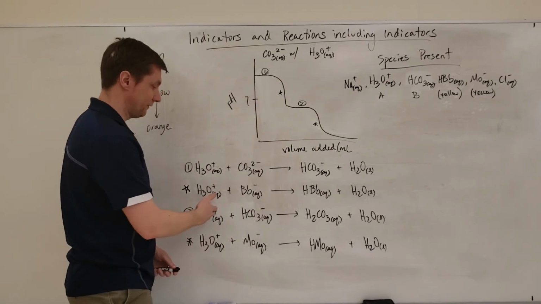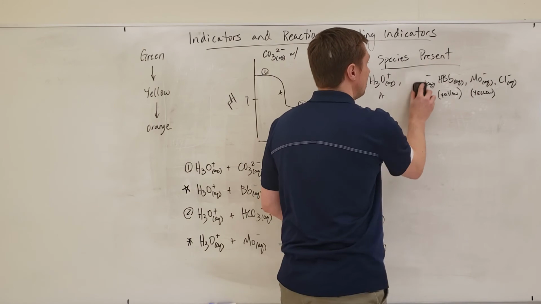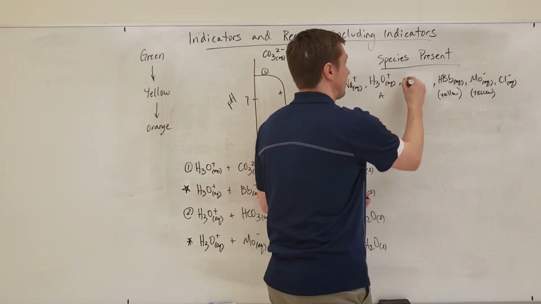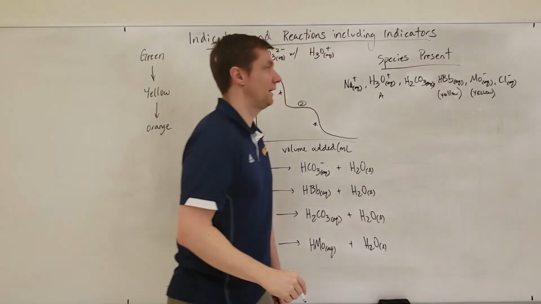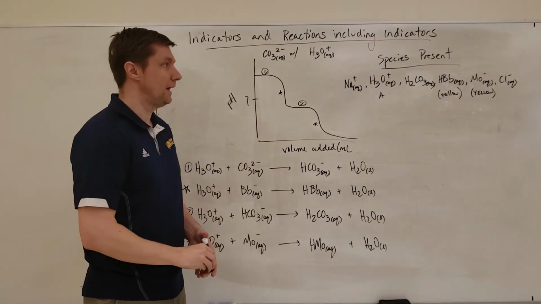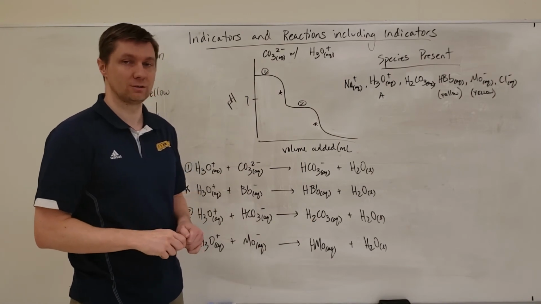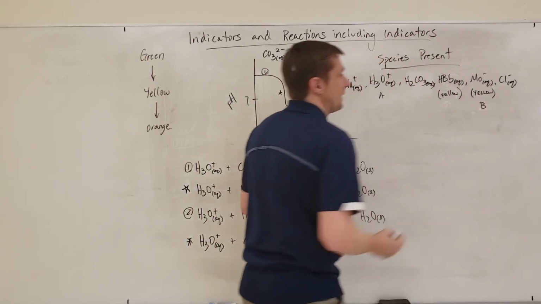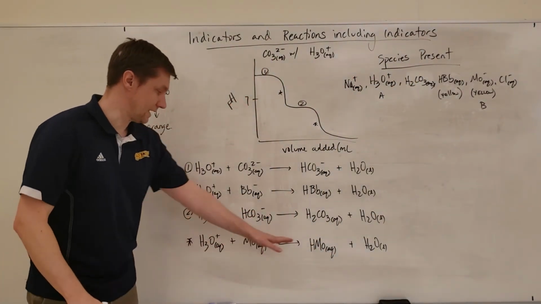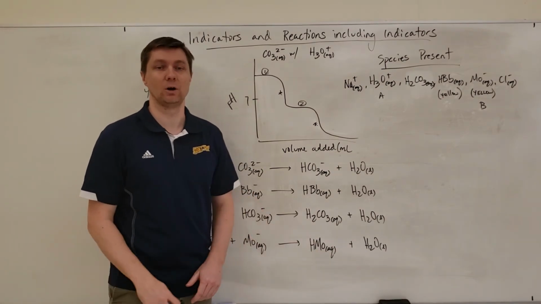If all of the HCO3- is now gone and all I have left is carbonic acid, the strongest base available for the hydronium ions to react with is this MO-. That is this final reaction right here, where the hydronium reacts with MO- to make HMO.